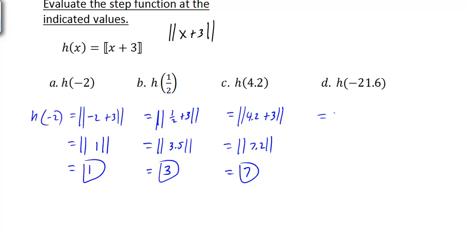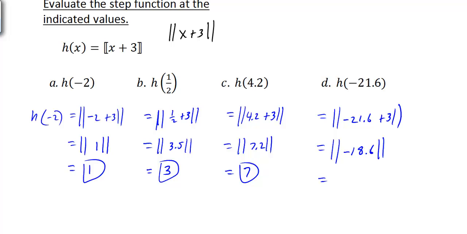And the last one we have negative 21.6 plus 3. So if we have a negative 21.6 plus 3, then we're going to end up with a negative 18.6.